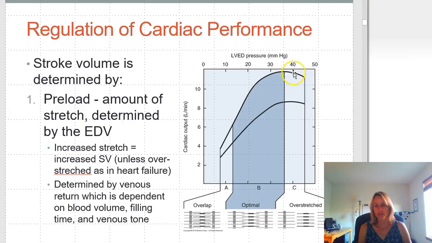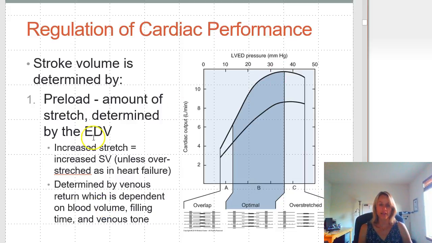In which case the heart is overstretched. There's less overlap between actin and myosin, and the heart is weak, and we see a decrease in stroke volume. But the normal curve is, with increasing end diastolic volume, we see increasing force of contraction.